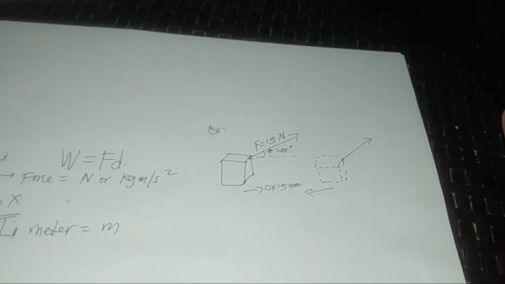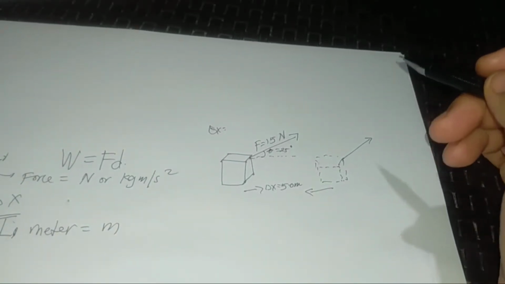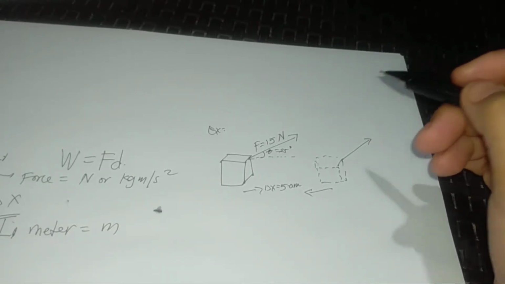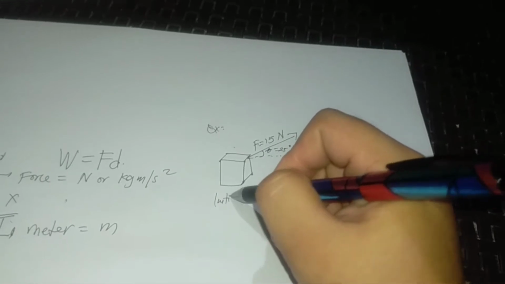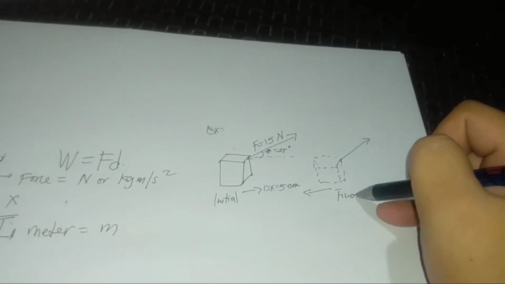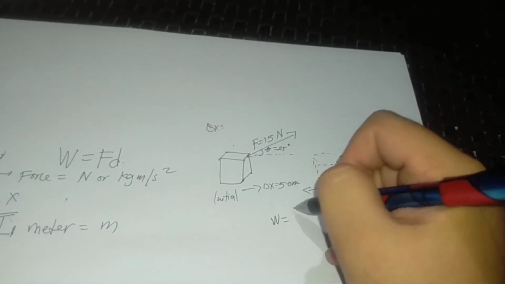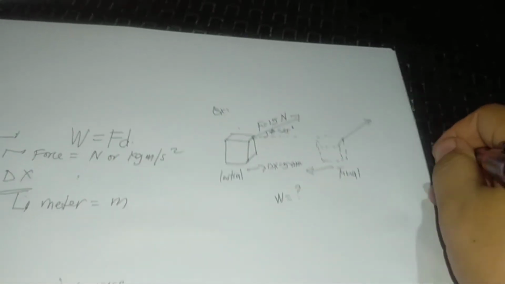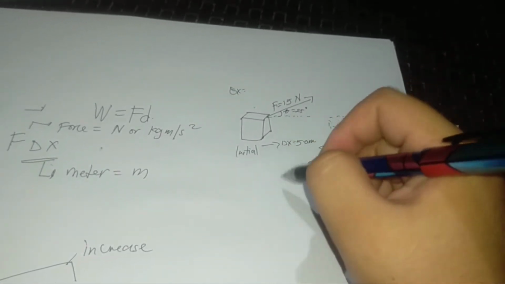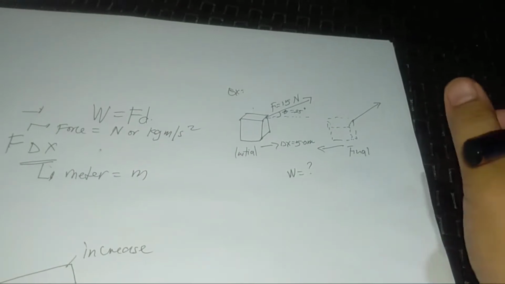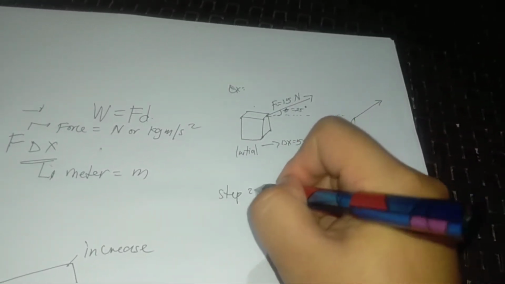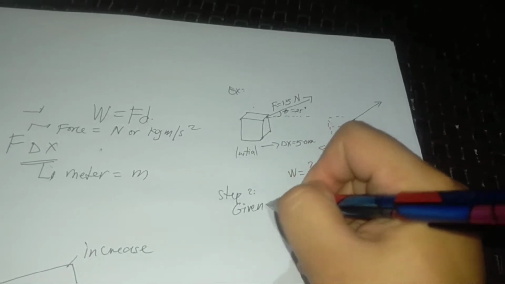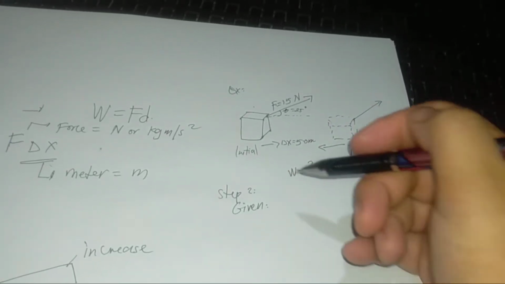What will be the work done I exert in moving the box from the initial position to the final position? First step, draw the illustration. We already have this illustration. Next, step 2, determine the given. What are the given in this illustration?